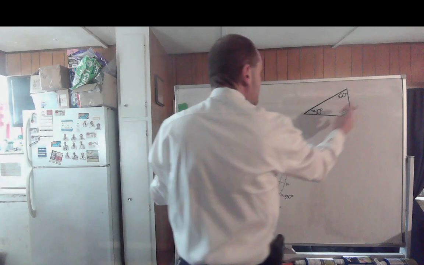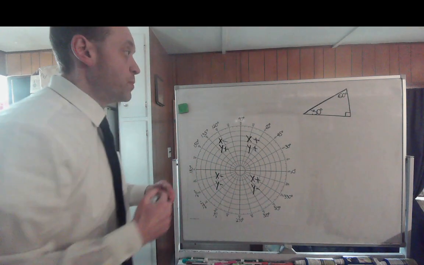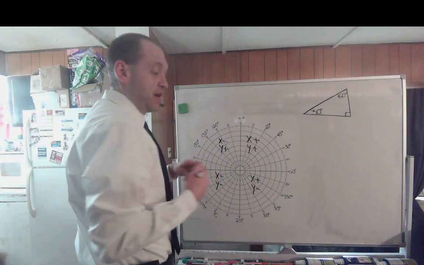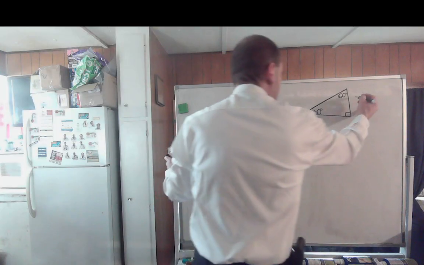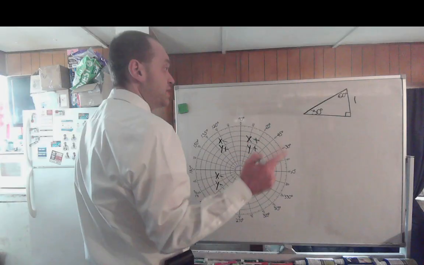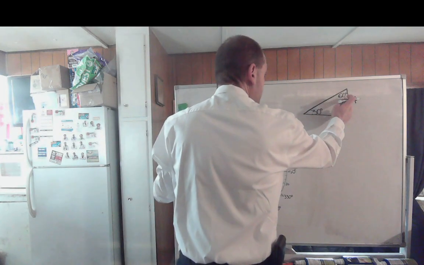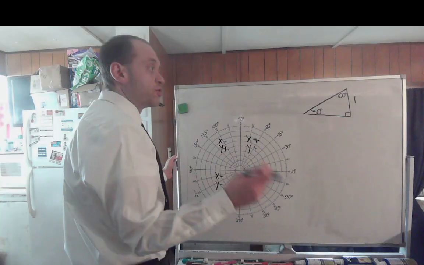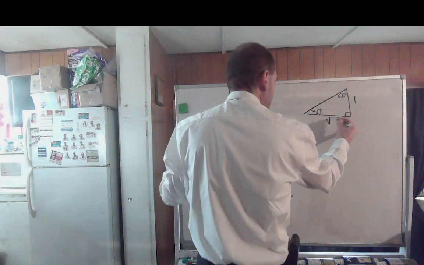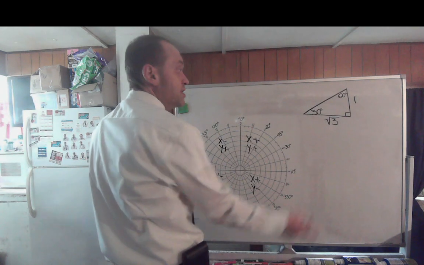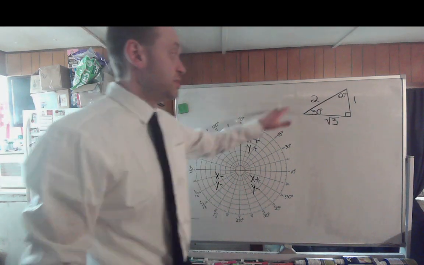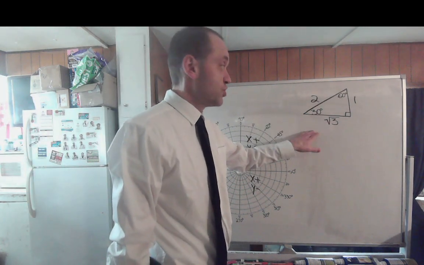Let's do a 30, 60, 90 right triangle first. So the side opposite the 30-degree angle has a length of 1. And then you have the side opposite the 60. It's the square root of 3 times longer than the shorter leg, so that would have a length of the square root of 3. Then the hypotenuse would have a length of 2. That's going to be your 30, 60, 90 right triangle.